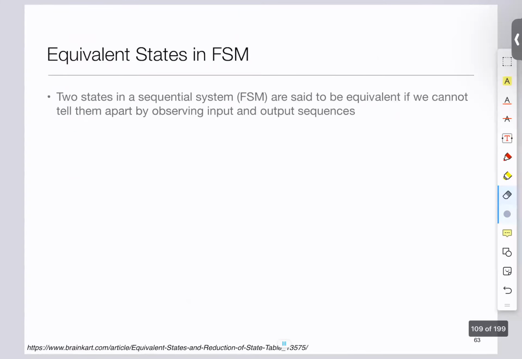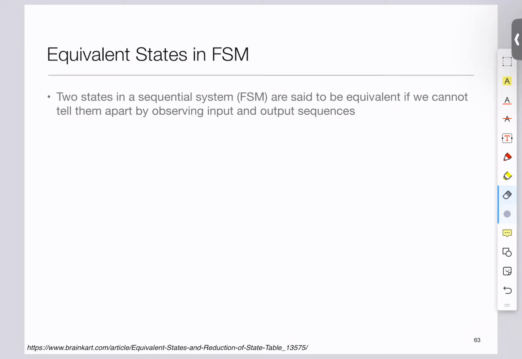Intuitively, we'll say that 2 states in a sequential system, in my state diagram or in my digital circuit, are equivalent if we cannot tell them apart in the input-output sequence.